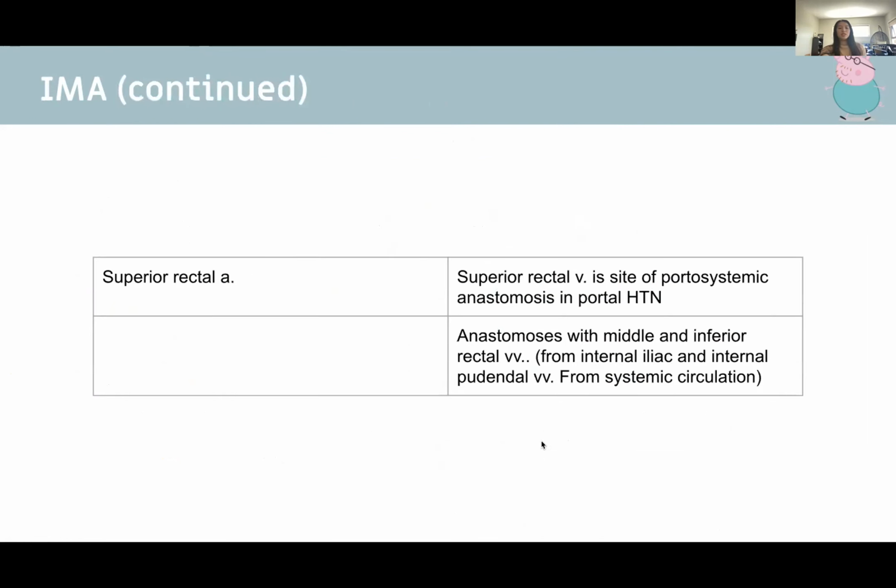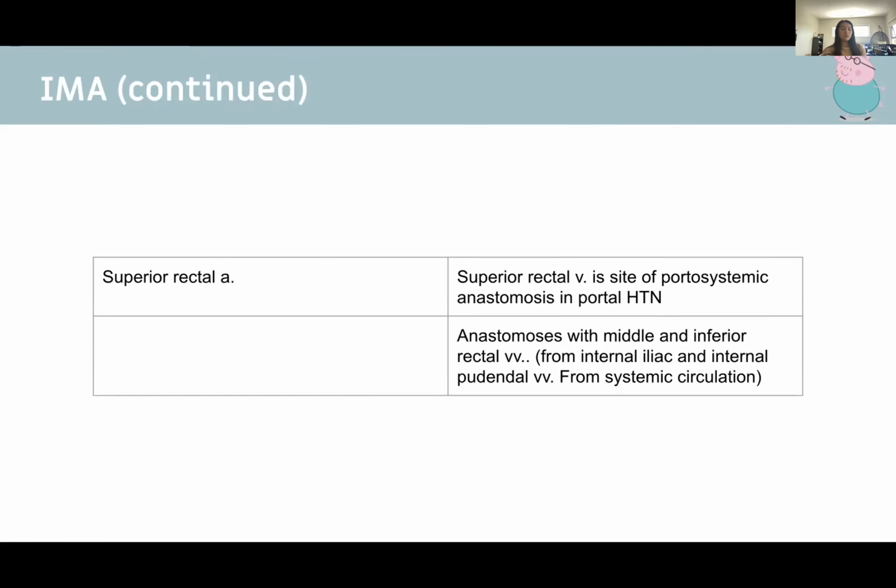Cool. And I said this before, but the superior rectal artery in itself doesn't have much significance, but the vein has more significance. So the superior rectal vein is a site of portal systemic anastomosis. That's basically when the portal system and the systemic system join together. And it's important when it comes to portal hypertension.